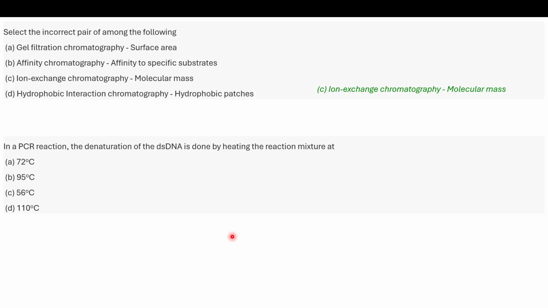Okay. So what are the basic steps in a PCR reaction, in a PCR cycle rather? Yes, and then there is amplification. Okay. In which part does the melting temperature come into picture?